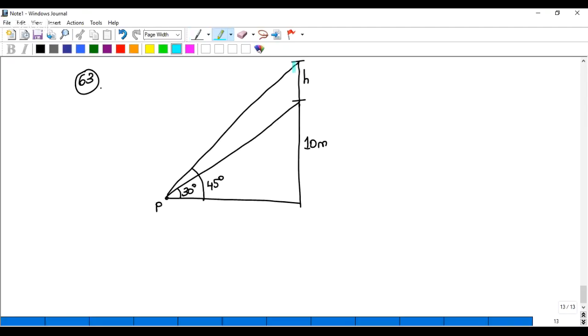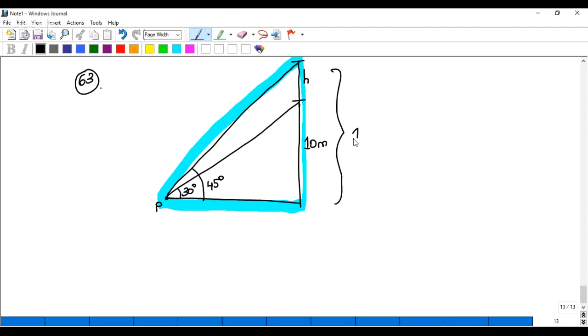So if you see in the complete right angle triangle, the total height is 10 plus h. So it is a 45-degree triangle, isosceles. So the distance here is also 10 plus h. And now if you observe, this is a 30-degree triangle.